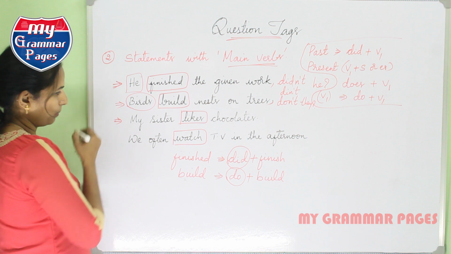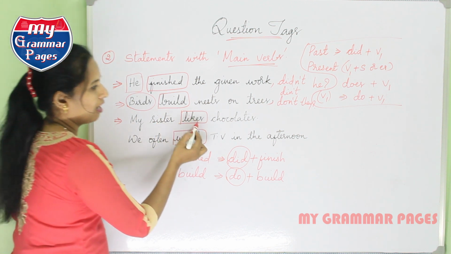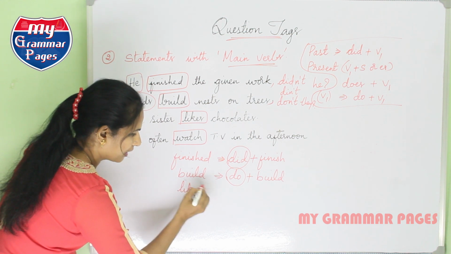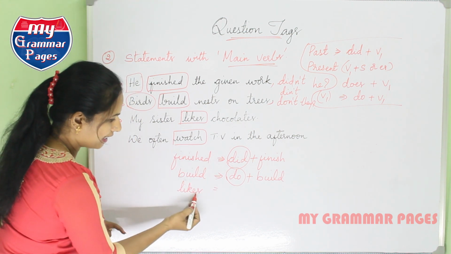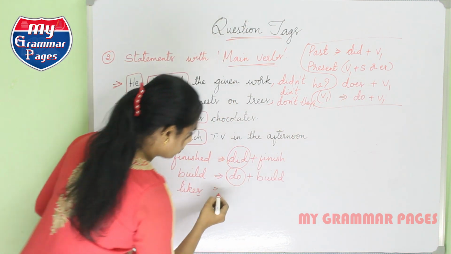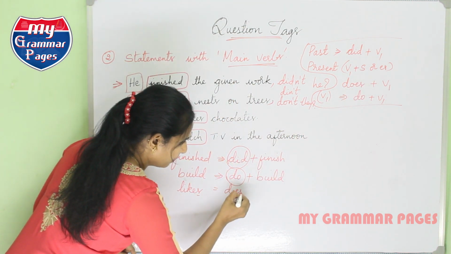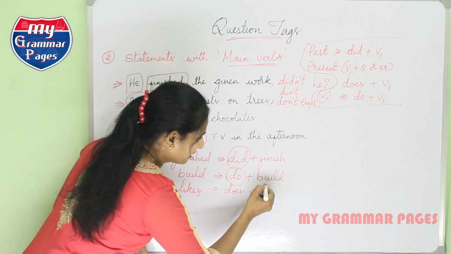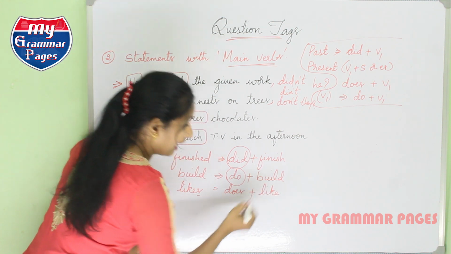Now coming to the third question. My sister likes chocolates. Now the verb is likes. It is added with s. When it gets added with s, I told you, you need to take does, the word does, plus again the root form. Root form is like, liked, liked.